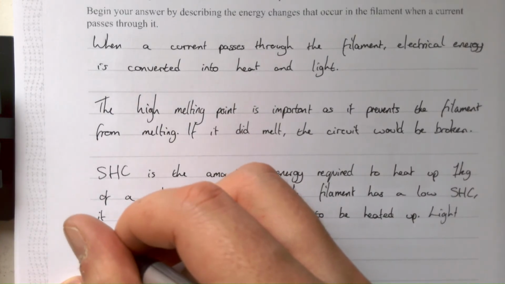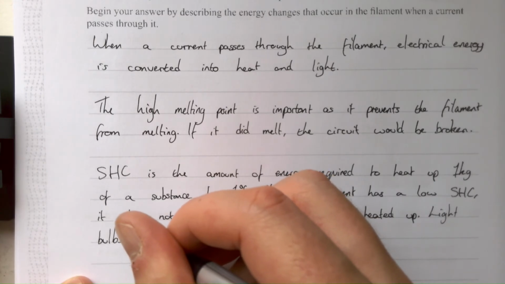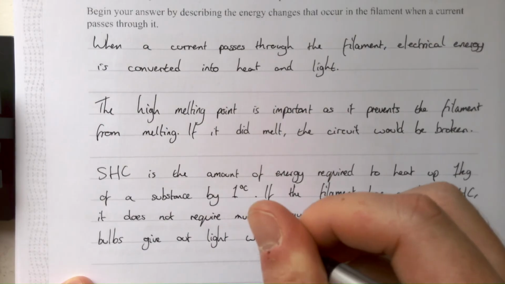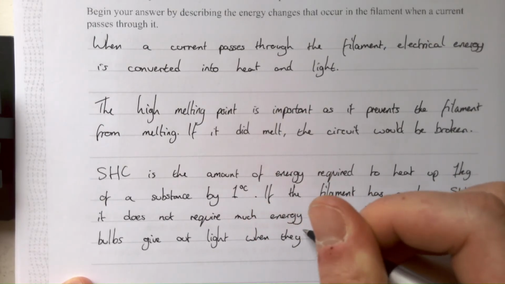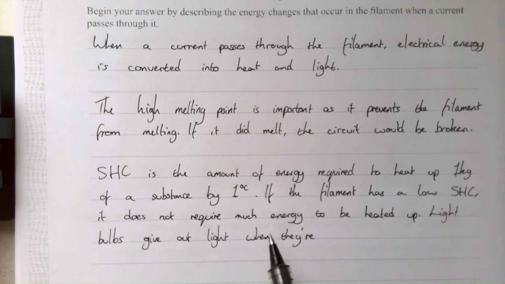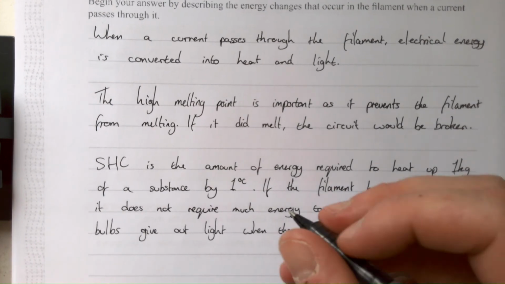Light bulbs give out light when they're hot. Well, I should say incandescent bulbs do, not newer ones. But this question is about the older ones. So, light bulbs give out light when they're hot.